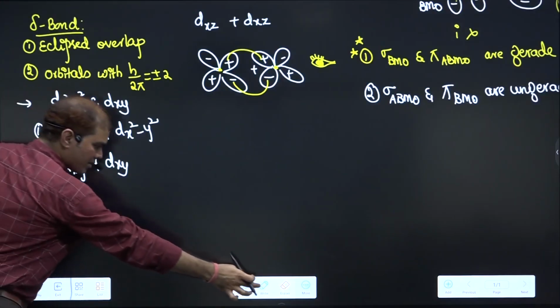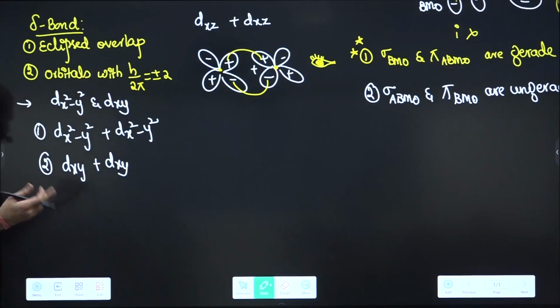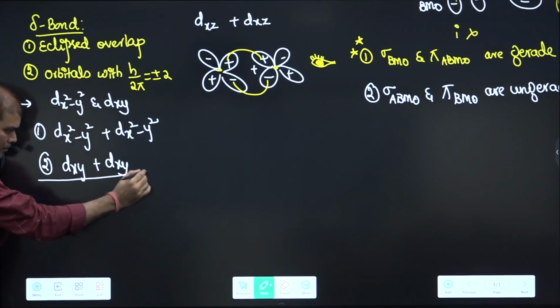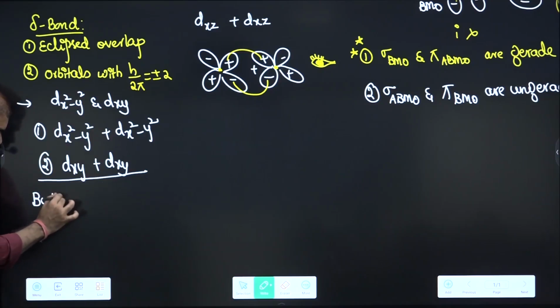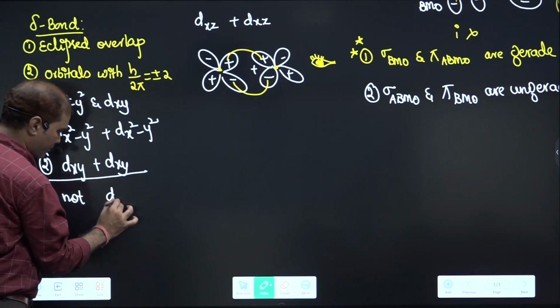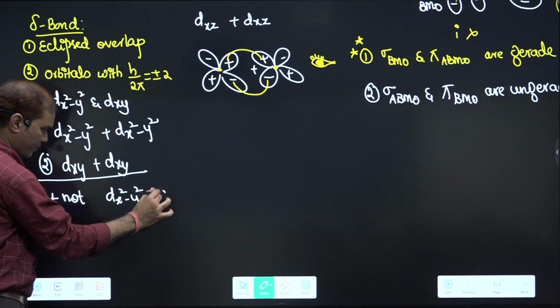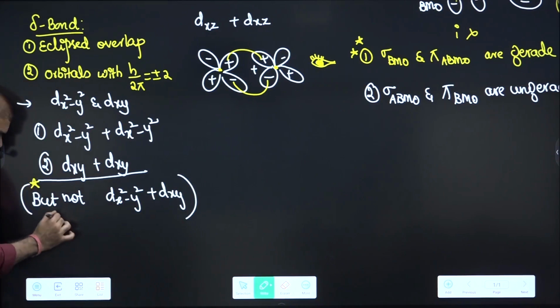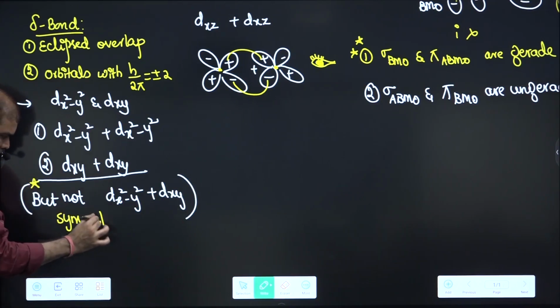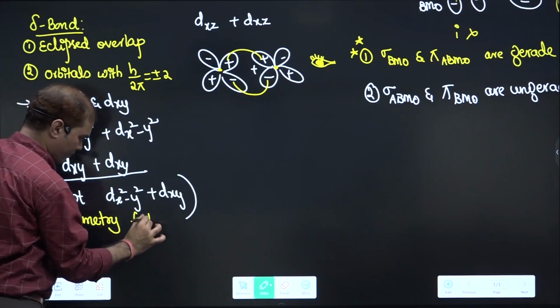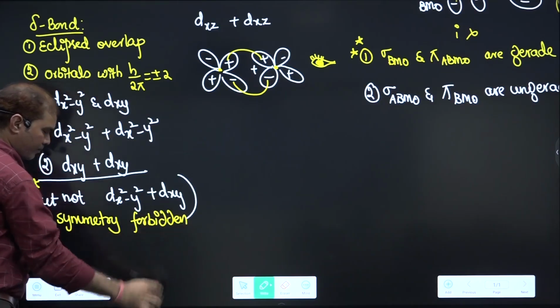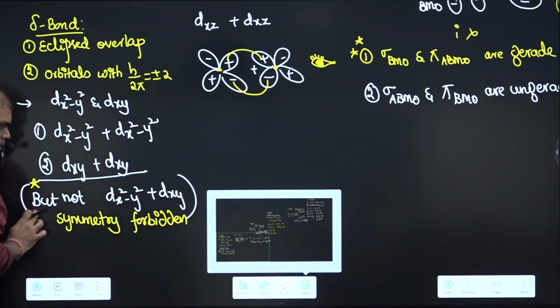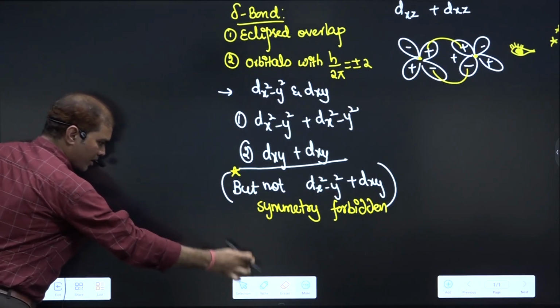When we go to metal clusters, you will have sigma, pi, pi, delta. These are the combinations there. Only d orbitals are involved. No s, no p. So the same things will repeat. These combinations are symmetry forbidden. Only the above combinations are symmetry allowed.